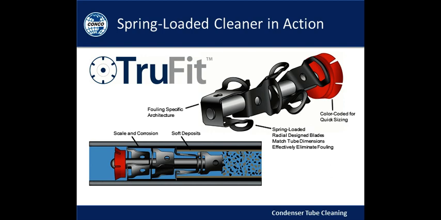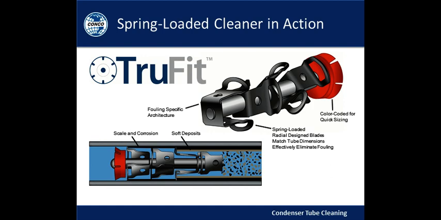when the TrueFit tube cleaners are manufactured, they're manufactured to a specific size. Other manufacturers might manufacture a tube cleaner that claims to be satisfactory for a range of sizes. Well, it's just not possible, because understanding the geometry, if the tube cleaner is adjusted to be too small for the radius, then the tube won't be effectively cleaned.